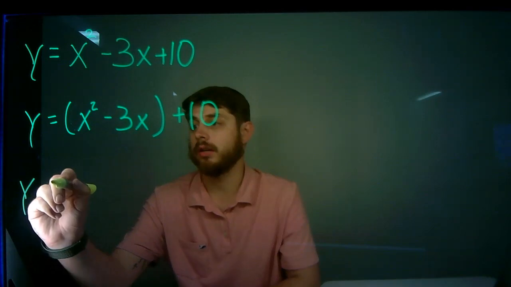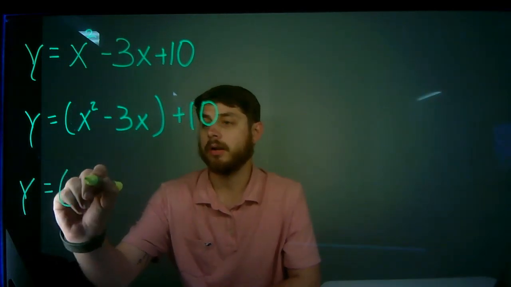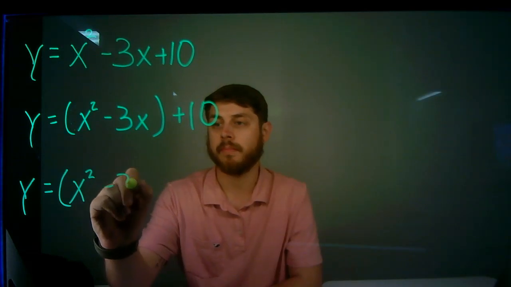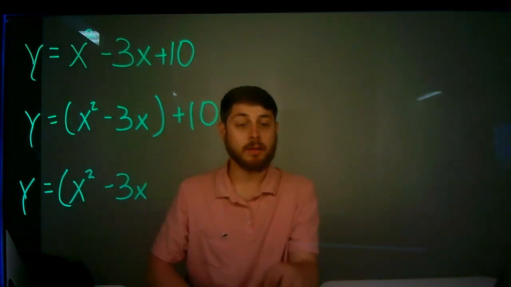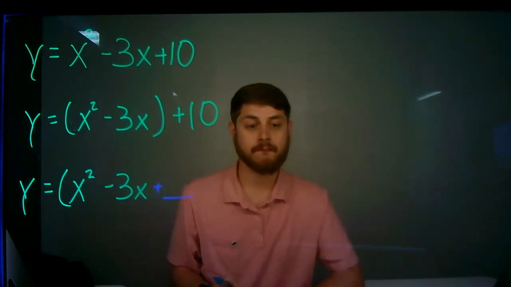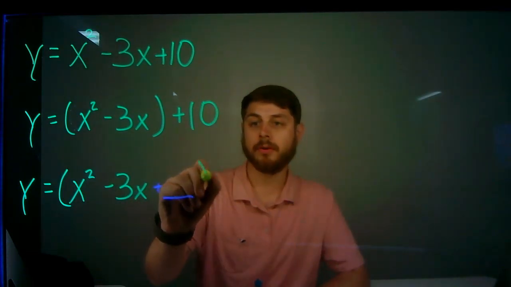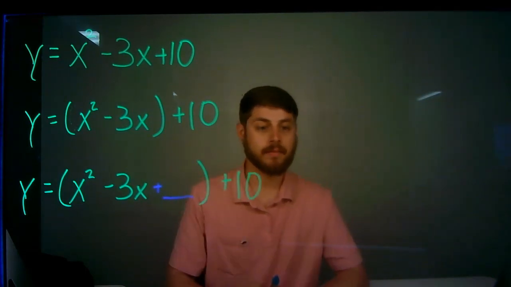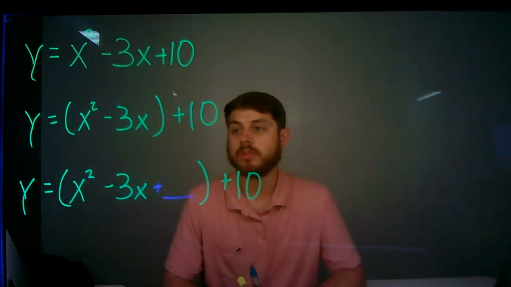What that's going to look like is I'm going to rewrite this part, y equals x squared minus 3x, and I'm going to leave a little space for my magic number with the plus 10 at the end.